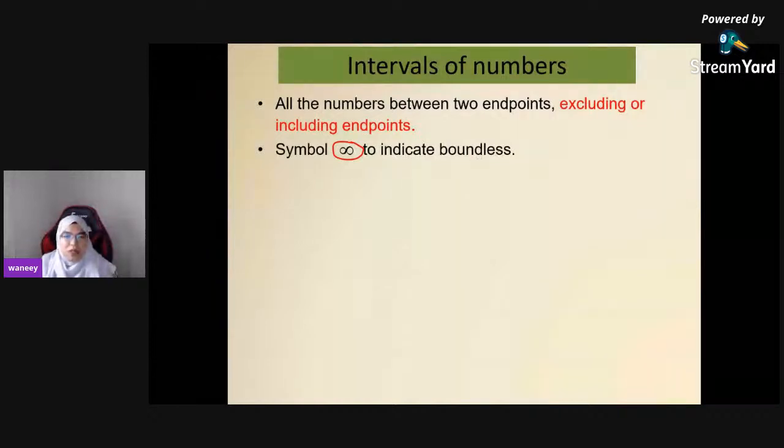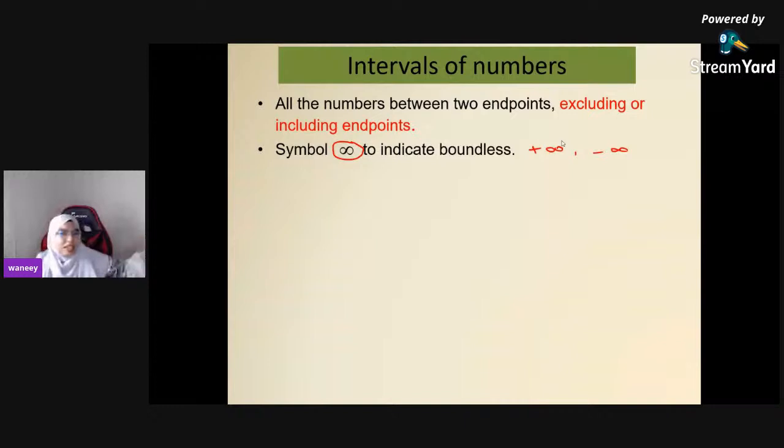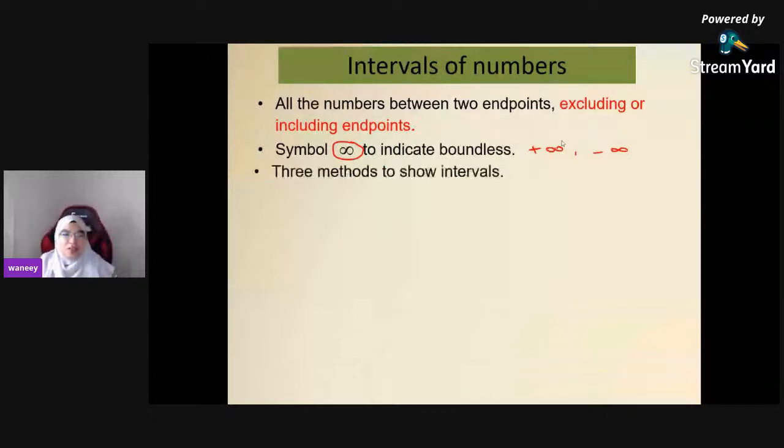So normally we refer to either positive infinity or negative infinity. So positive infinity is something on the right most, and negative infinity is something to the left most. But we didn't know what number that is. That is actually just a symbol. Okay, so 3 methods to show interval. So this one, we're going to use them more in chapter 2.